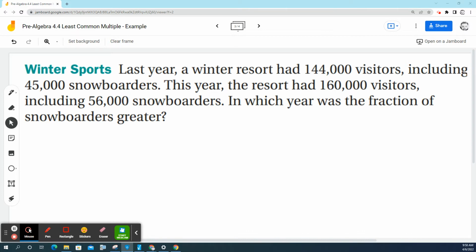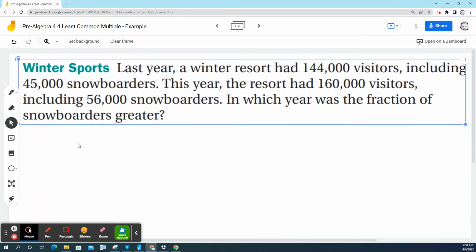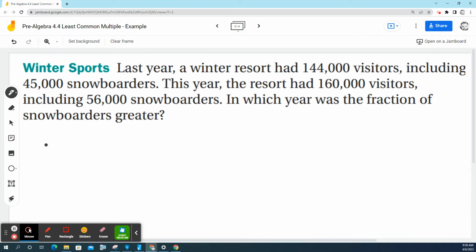So now you can do this using the lowest common multiple. Let me explain, so let's do the math on that. The first year, they mentioned they had 45,000 snowboarders all over 144,000.